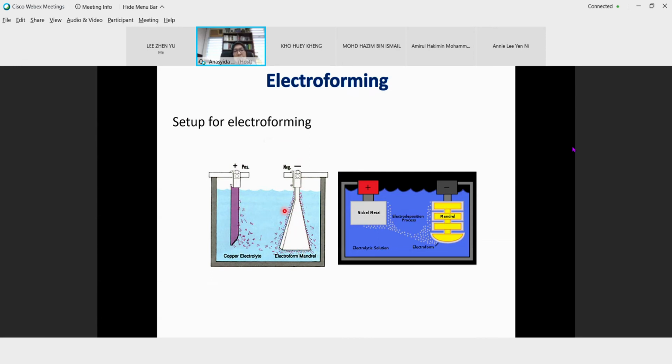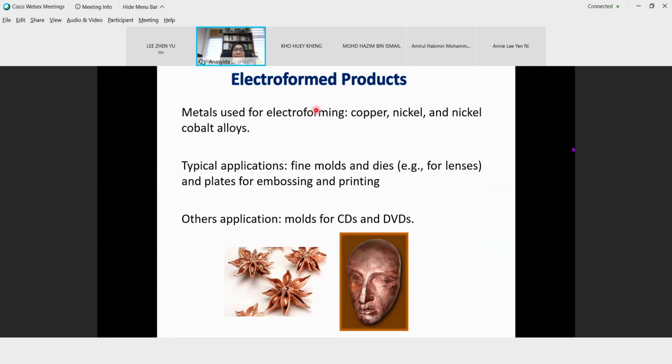But for electroplating, the thickness is very minimal, right? But for electroforming, you have to have a certain thickness because you need to remove the part. Do you understand? Can you see this example? It means that after it has formed the structure that you want, you are going to peel it from the mandrel.